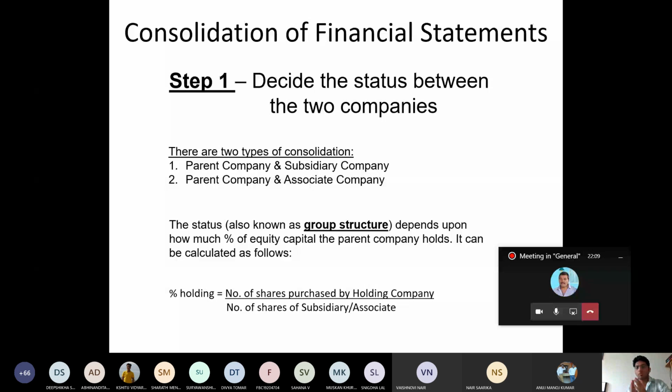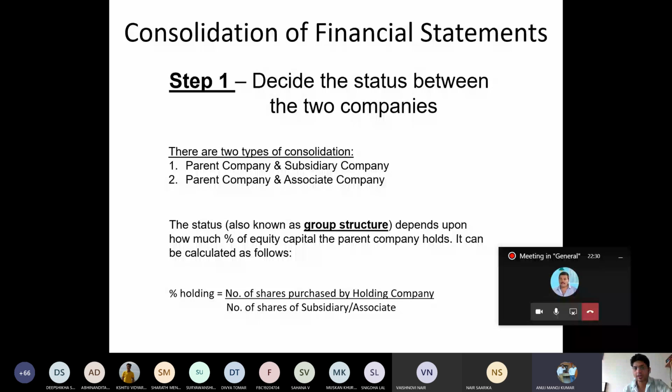So what is the number of shares the parent company holds out of the total number of shares of the subsidiary company? For example, Y company has total number of shares of, let us say, 1 lakh, and the parent company, X company, holds around, let us say, 60,000 shares.